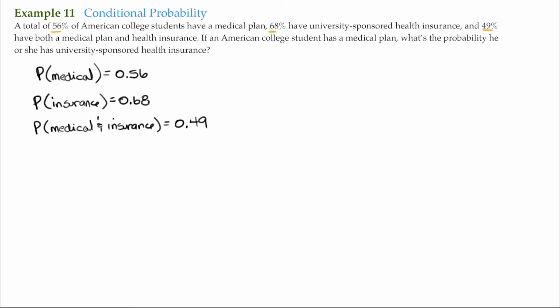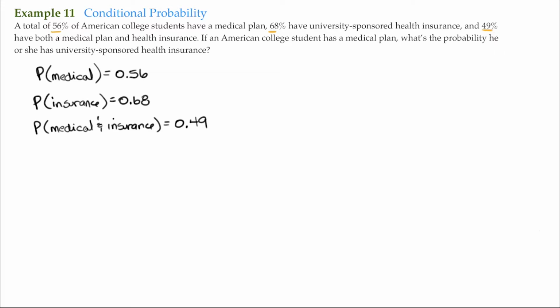So the condition here is we want to know what the probability is that a university student has university-sponsored health insurance. But the condition is provided they are a college student that has a medical plan. You can see right here, if an American college student has a medical plan, that's the condition. What is the probability he or she has university-sponsored health insurance?